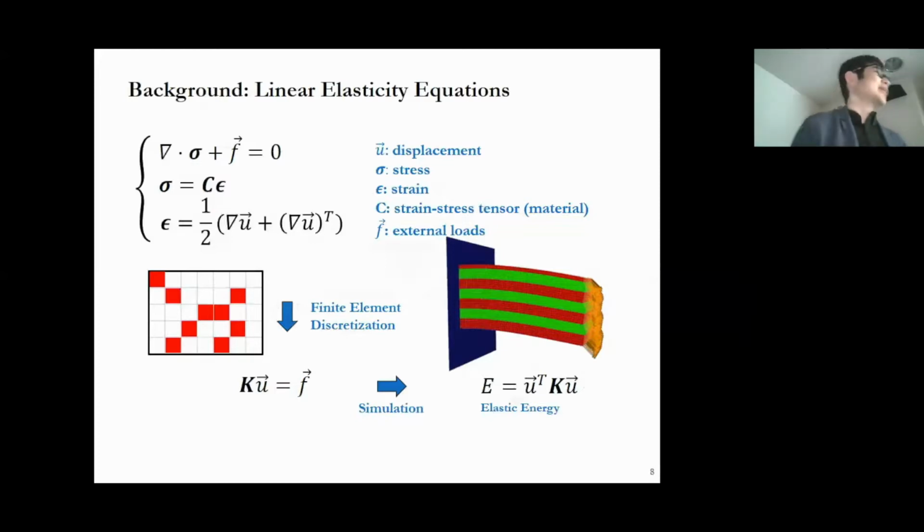That is the basic setting of our problem. And our optimization goal is, given a certain amount of material, to optimize some property of this structure or object. For example, we want to minimize the compliance or maximize the stiffness of this structure. That is a very interesting problem.